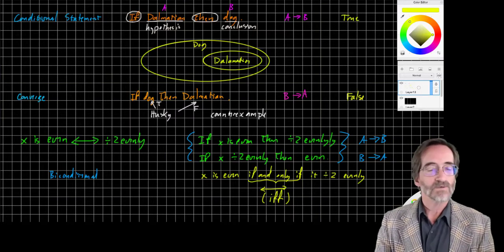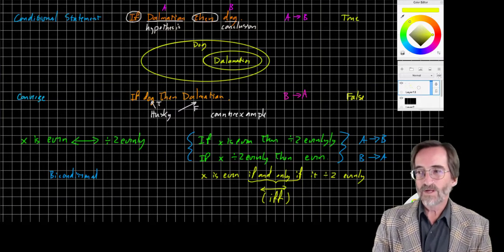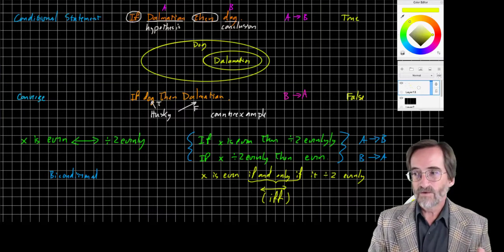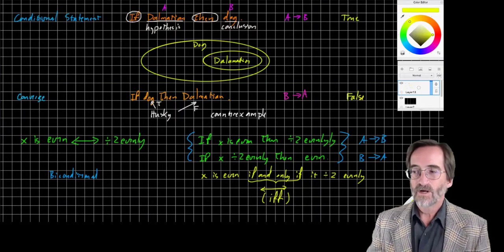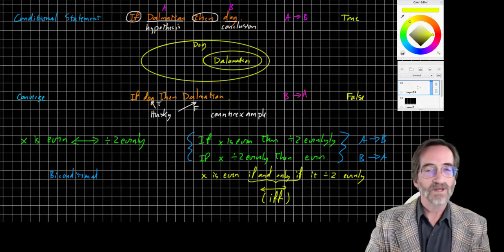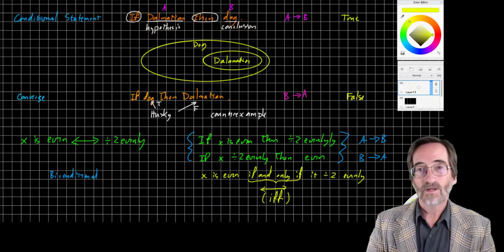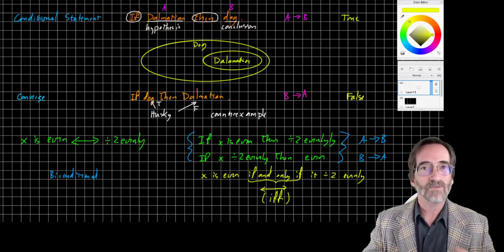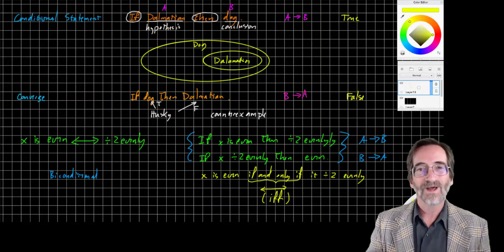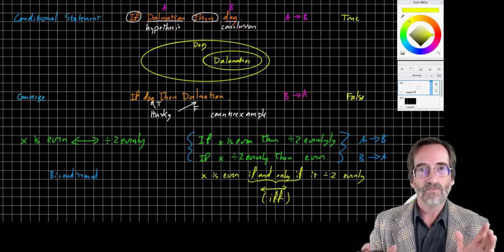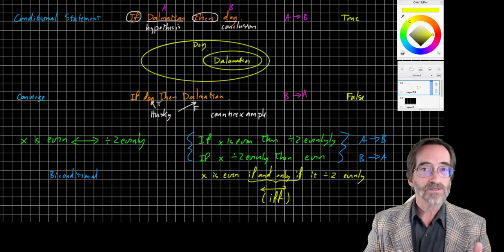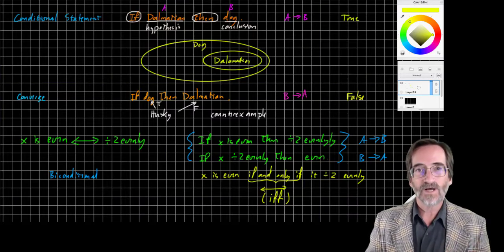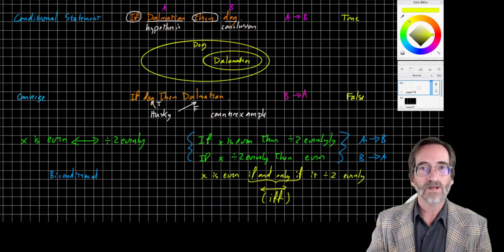It divides by 2 evenly. And that is a way to write both statements. If x is even, it divides by 2. If x divides by 2, then it is even. That's a biconditional. And that is a good explanation of a definition. Definitions must be biconditionals. They must work forward and backwards. For example, a shape is a square if it has 4 sides and 4 right angles.